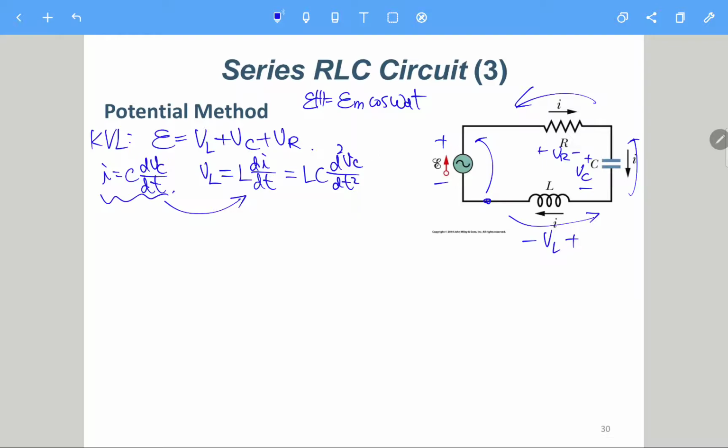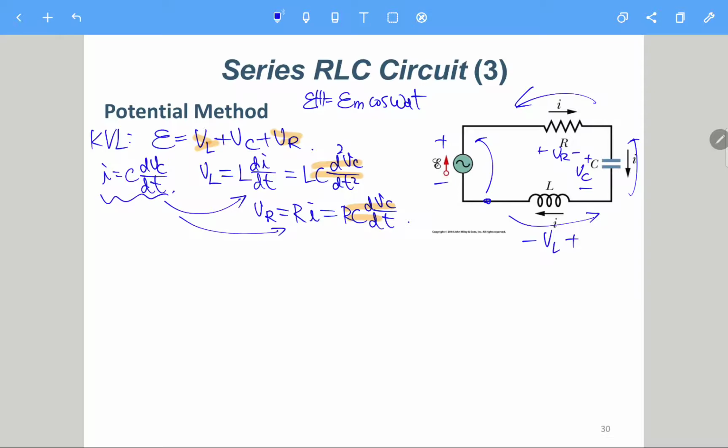Also VR equals R times I, so we plug this in as well, and we have RC dVC/dt. So we can now plug this one and this one into here.